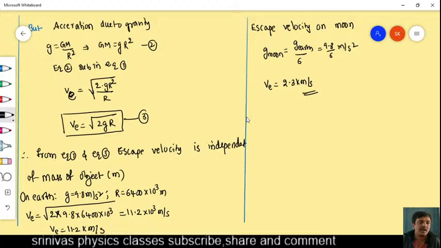And for example, I will give some note. You are throwing from the surface of Earth, and this is the formula for the escape velocity. For example, in order to throw an object from a certain height, what should be the escape velocity in order to escape from Earth's gravitational field?